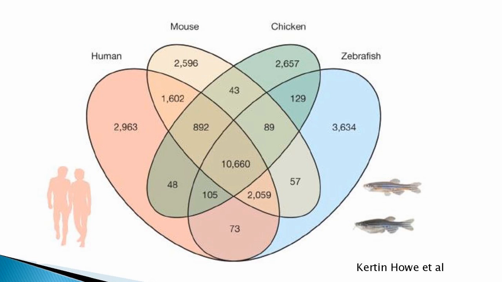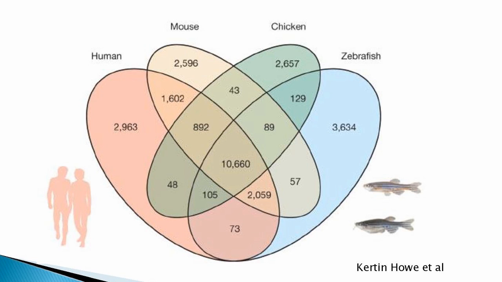In this picture, if you observe clearly, we have taken human, mouse, chicken and zebrafish. This is taken from a Nature article, and we can see some species specific genes: 2963 genes are species specific in humans, and in mouse 2459, chicken and zebrafish.